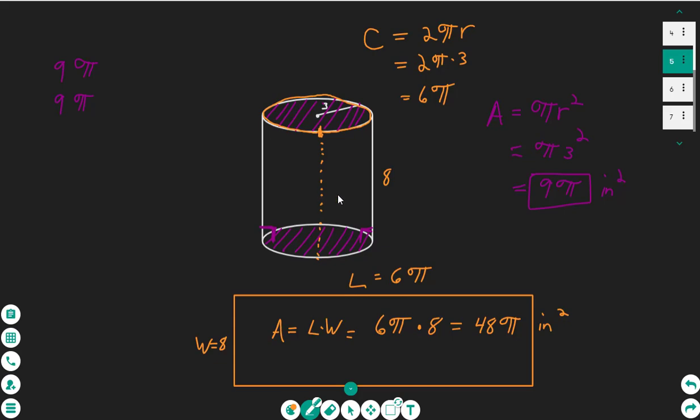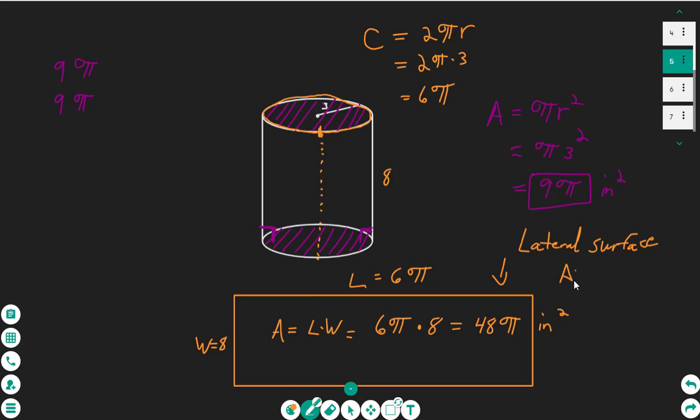All right? We actually give this part a name. Whenever we're trying to find the area around a three-dimensional object like this, and we're not including the top and the bottom, we call it the lateral surface area. So this right here is the lateral surface area. It's a good one to write down in your notebook because that will come up later too.